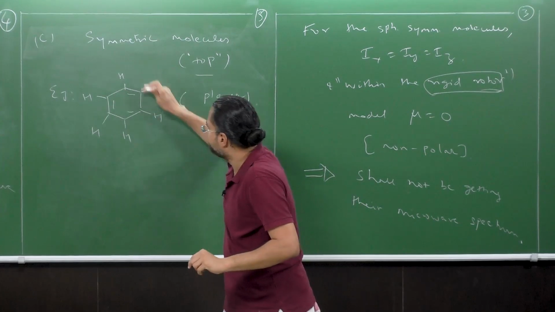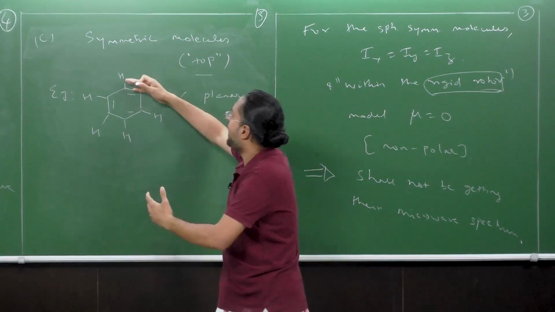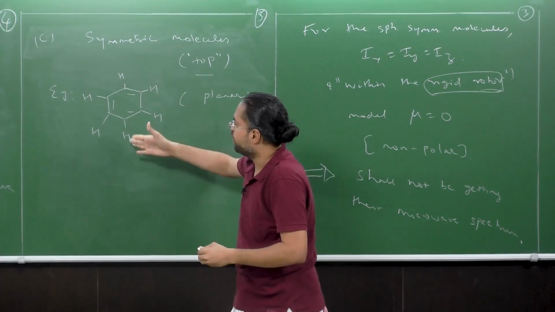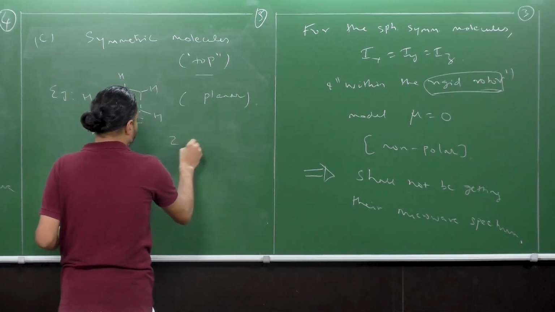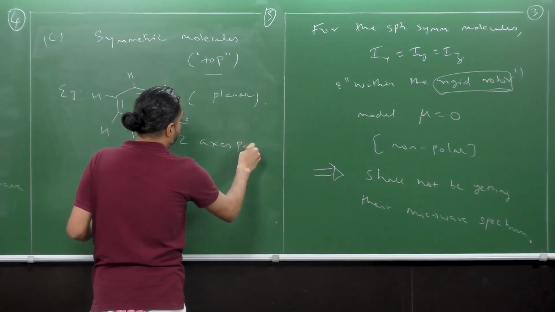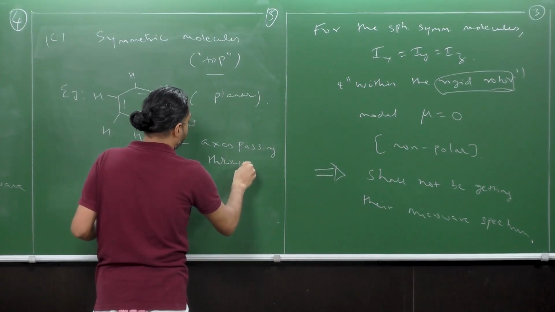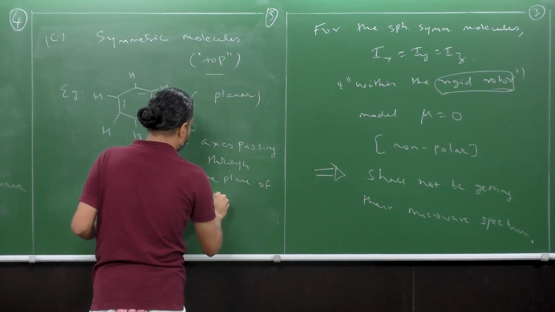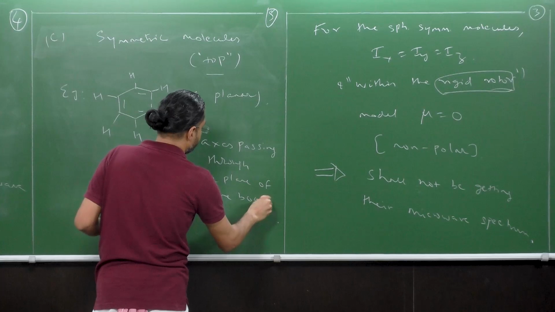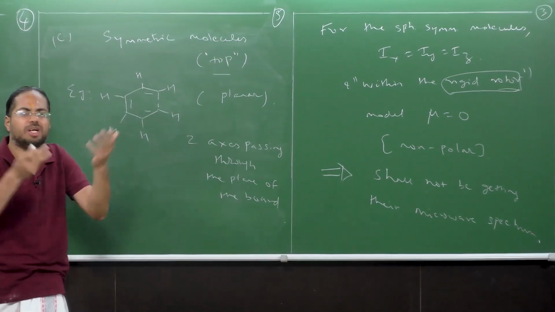If you assume all these as point masses, there are going to be two axes passing through the plane of the board, this axis and this axis, and one axis perpendicular to it, if I consider a routine Cartesian system.